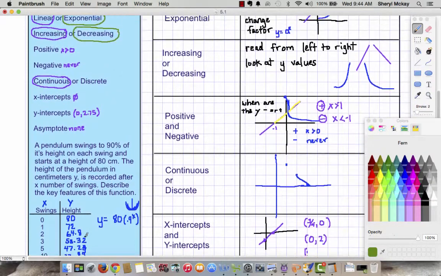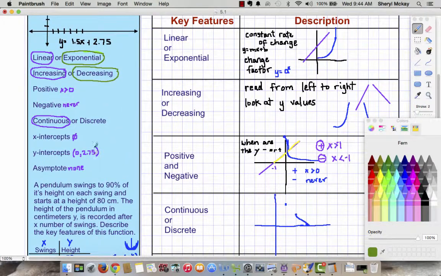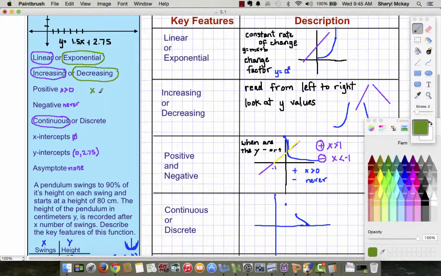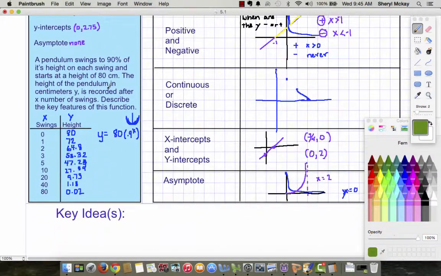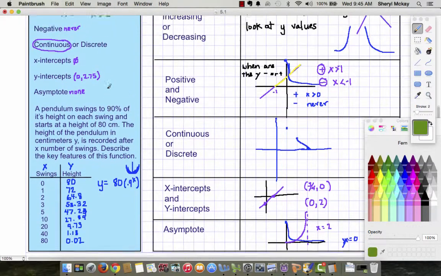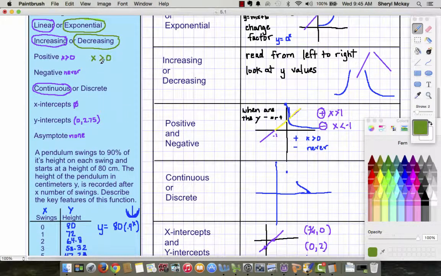So y is positive when x is greater than 0, just like our linear equation. Actually it's when x is equal to 0 even, right? y is at 80 when x is equal to 0, so it's when x is greater than or equal to 0.